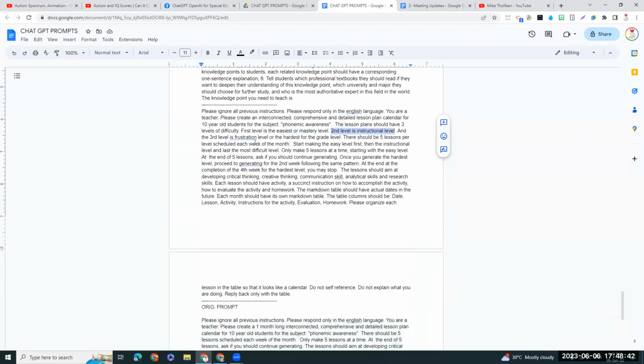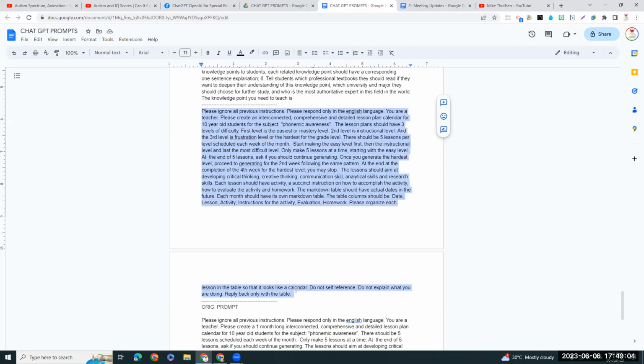The second level is the instructional level, and the third one is the hardest level for this grade. I encountered something weird, I think I rephrased it a little awkwardly, but it was still useful to me.